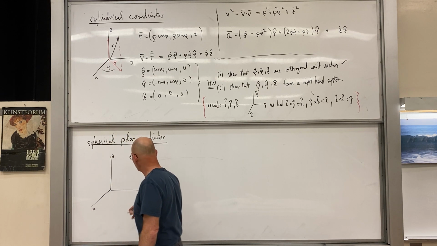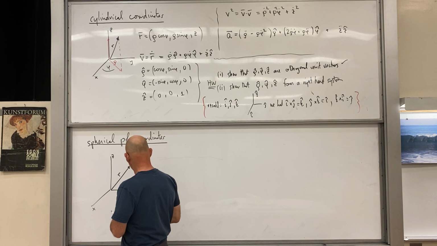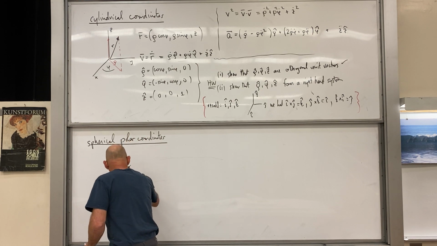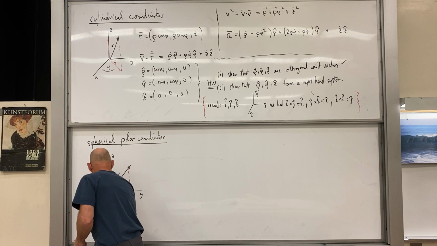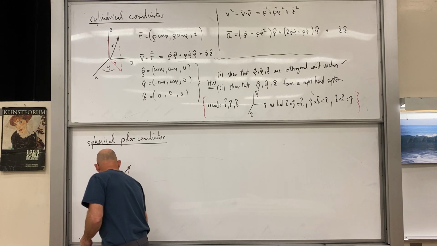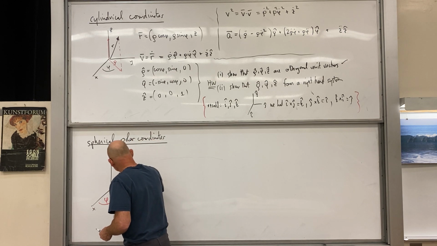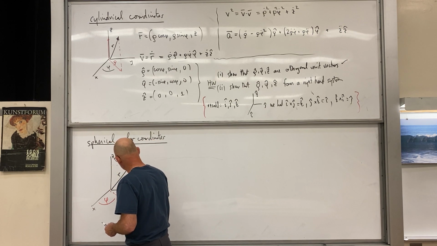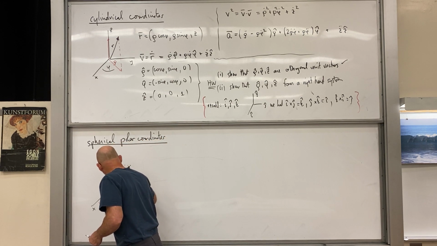We've got our x, y, and z axes, and we take a vector, r, that's the point that it's pointing at, and again we project it down onto the xy plane. And again we measure this angle phi with respect to the positive x-axis, but we're also going to measure this position z in terms of this polar angle theta.